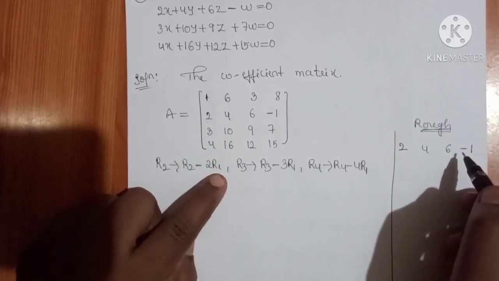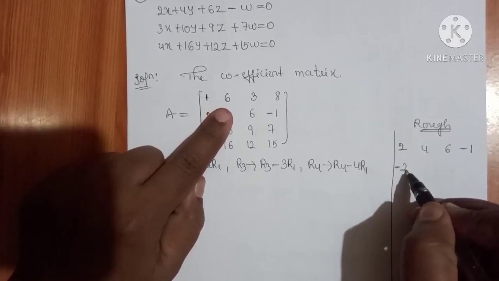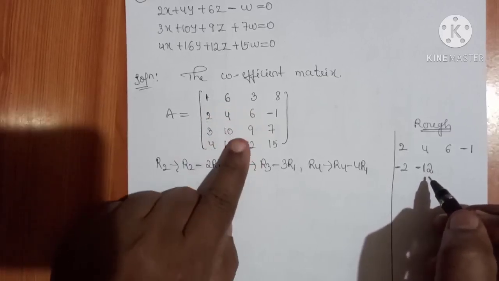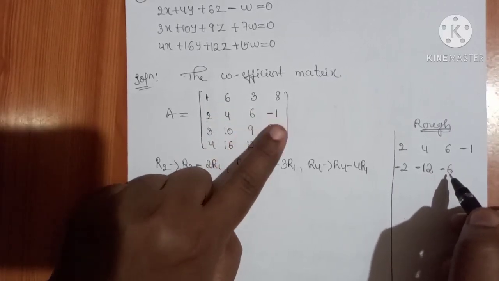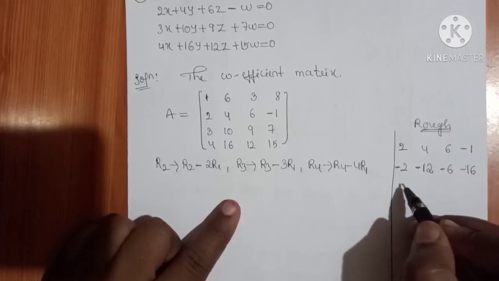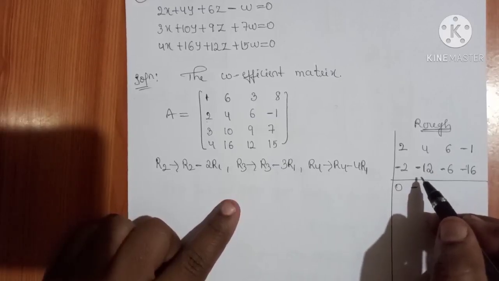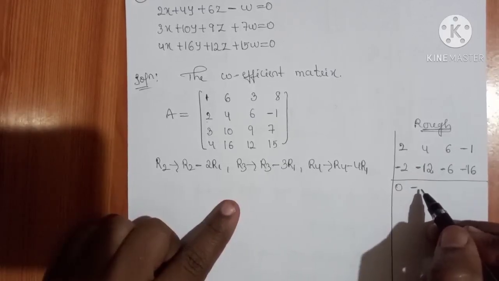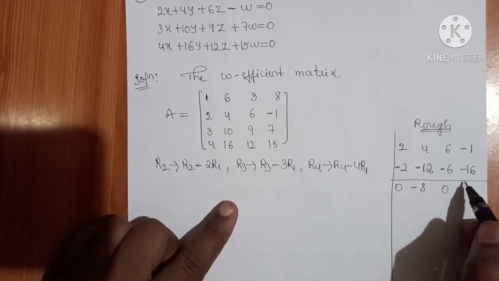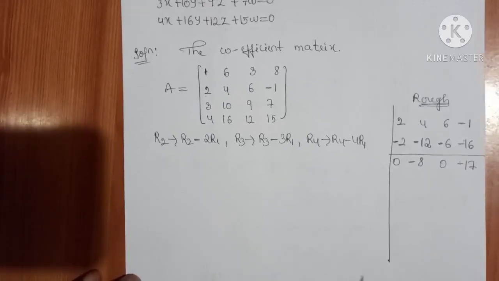Minus 2 into R1: minus 2, minus 12, minus 6, minus 16. Simplifying we get 0, minus 8, 0 and minus 17.